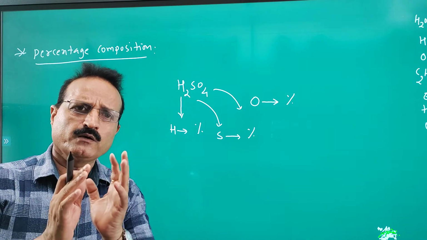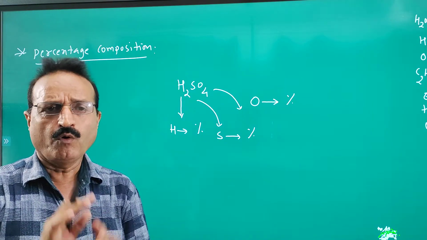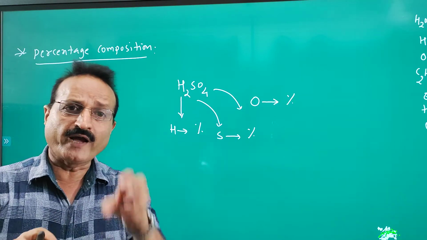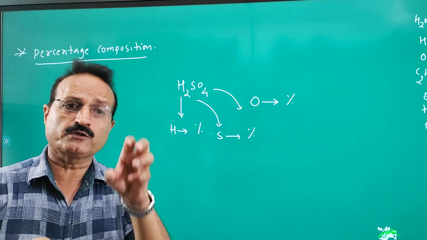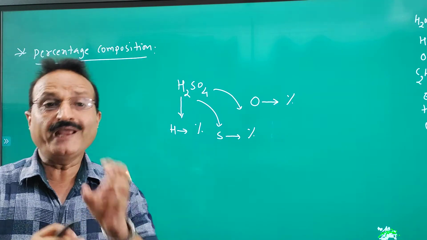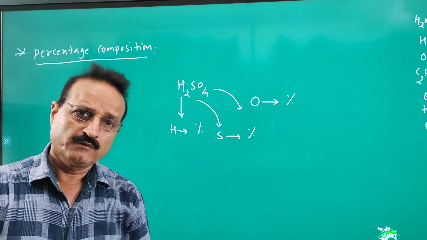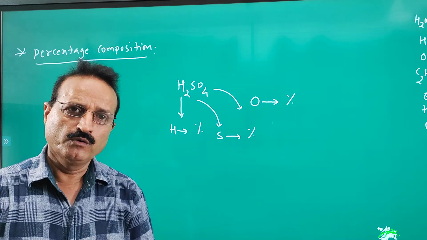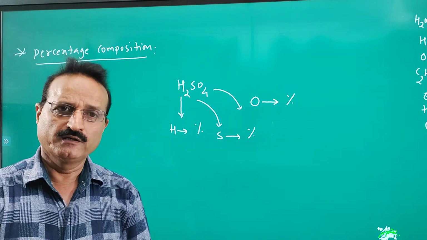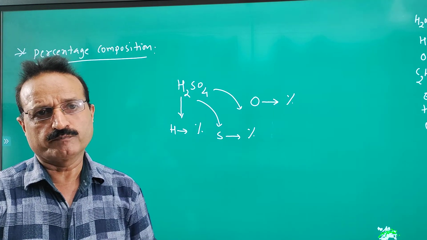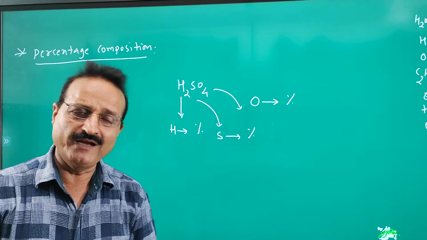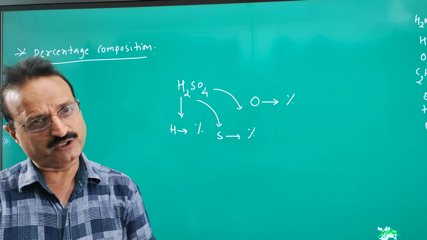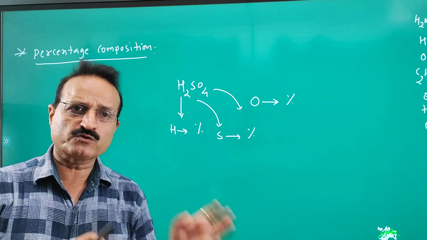So whether you are given a known formula or an unknown formula, you must find out the percentage composition of an element in the given compound by the proper method. So we have to follow one formula to calculate the percentage of an element in a given compound. H2SO4 is just one example.